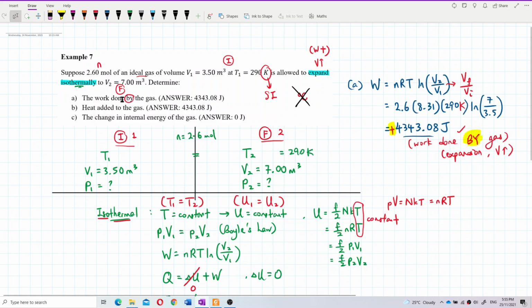The volume increases. In fact, the question says work done by gas already, so you should get a positive work done, because the volume increases from 3.5 to 7.